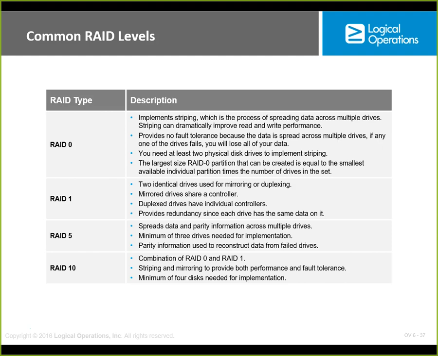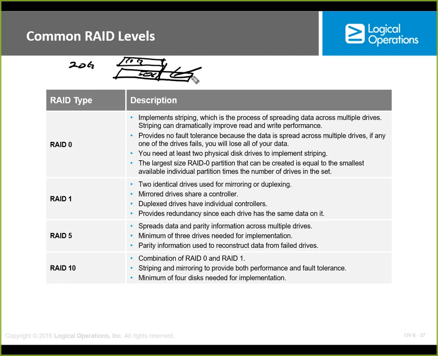You need at least 2 physical disks in order to implement it. And the largest size RAID 0 partition that can be created is equal to the smallest available partition. What that means is, go back to my bad drawings here, if we have hard drives and let's say we have a 10 gig and a 50 gig, the largest partition we could use would be a 10 gig, which would give us 20 gig on this thing.